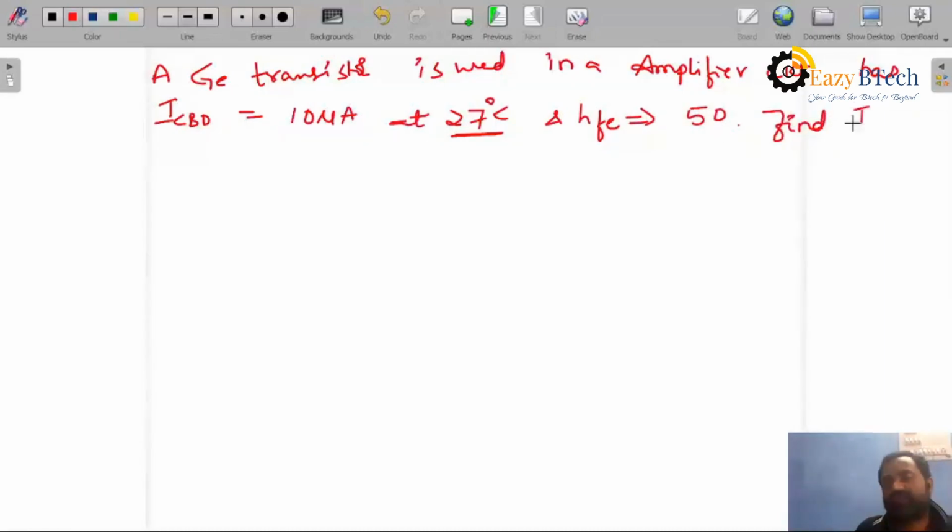Find IC current. Okay, this we have to find.